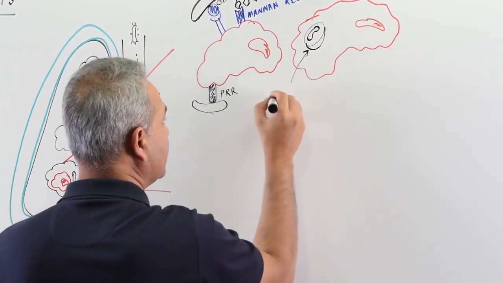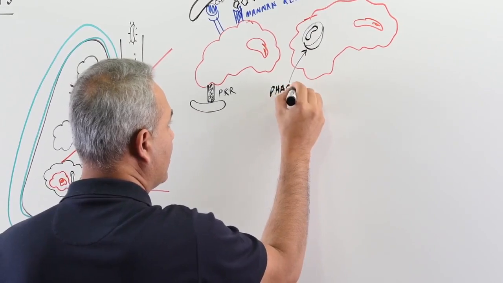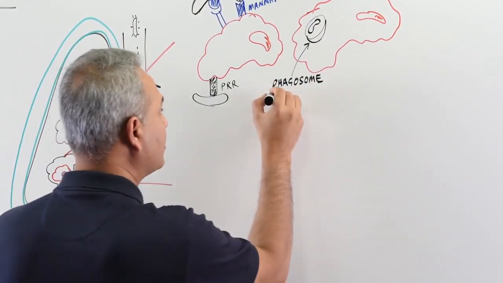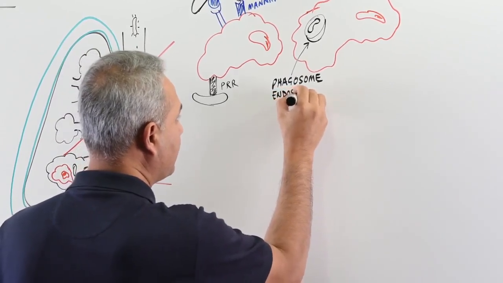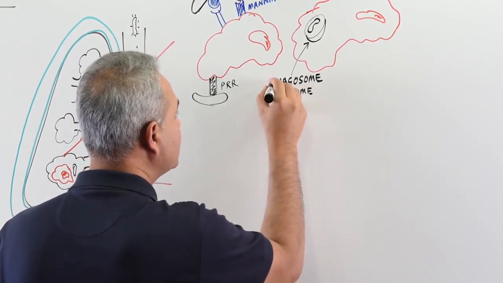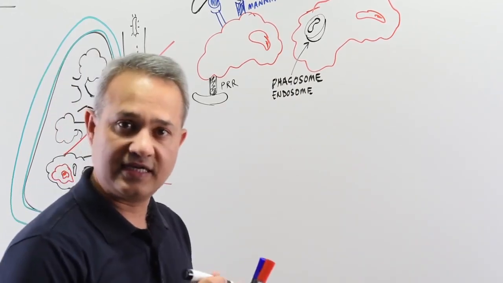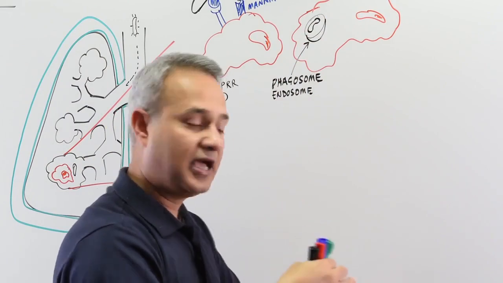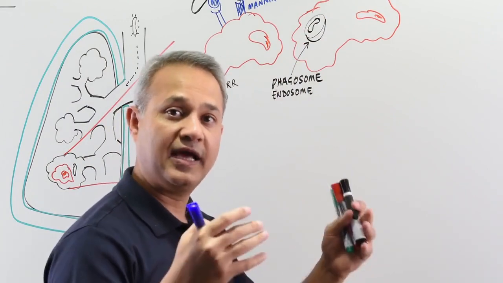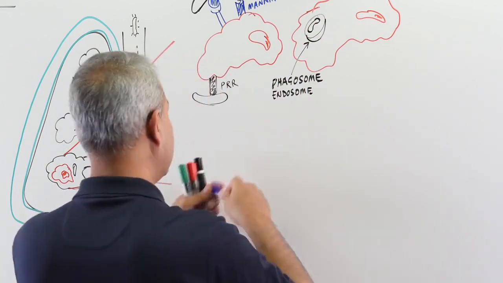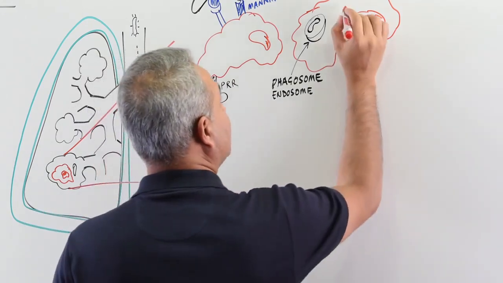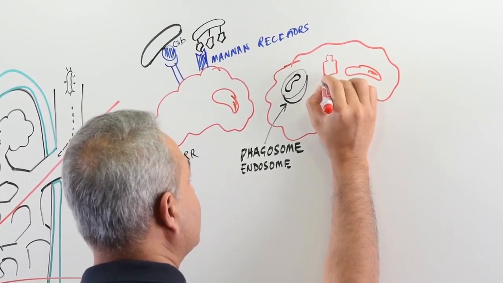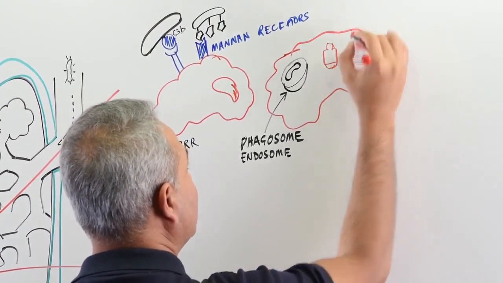This is also called an endosome, so endosome or phagosome, same thing. What is the next step? The macrophage will activate its internal machinery, the microtubular systems, and bring a lysosome and connect it to the phagosome. So let's say over here a bottle of acids is sitting. What is this bottle? This is the lysosome.